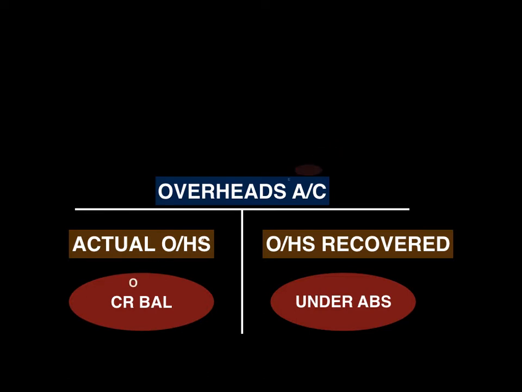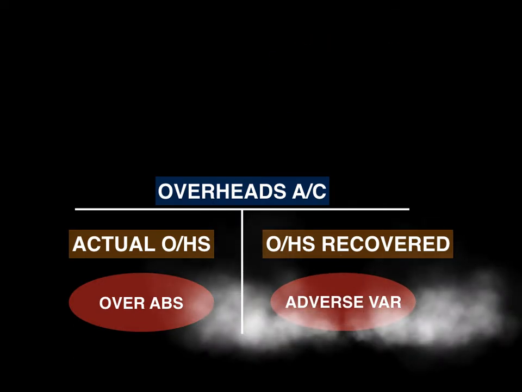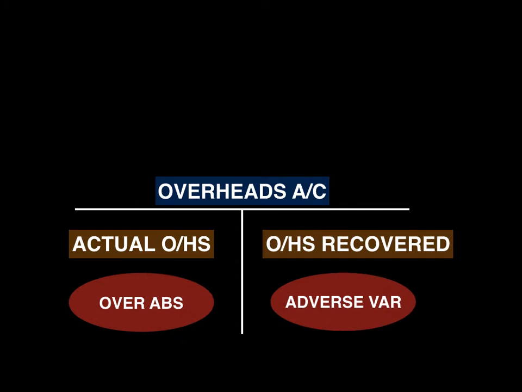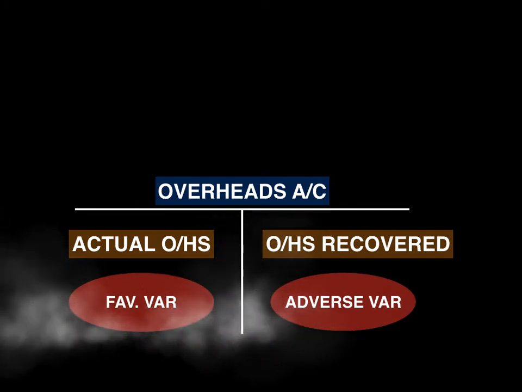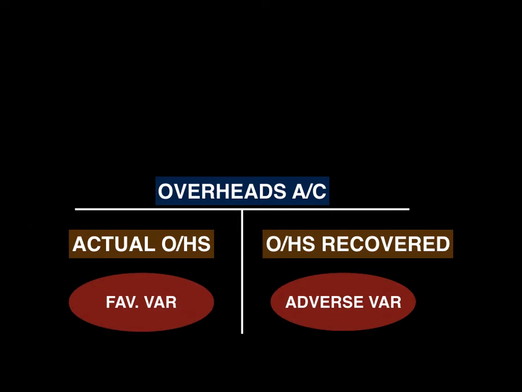So the result will be an over absorption, right? So in variances, what we are doing is we are calculating this under or over absorption only. The under absorption here will be called an adverse variance, and the over absorption here will be called a favorable variance, right? Okay, so this is what we will be calculating.